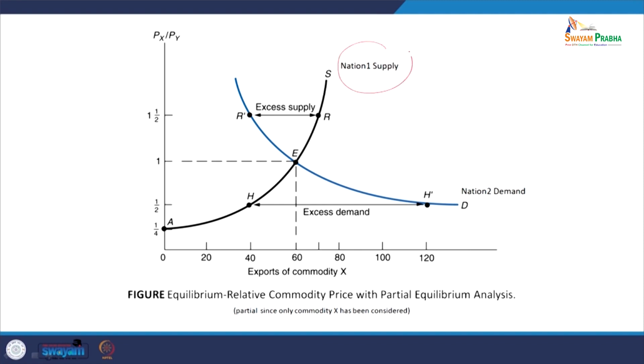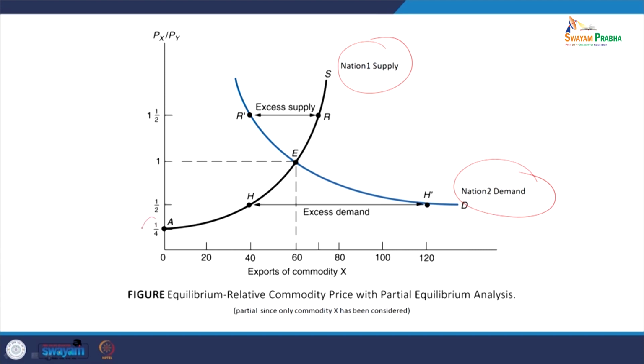Nation 1 we are considering here as the net supplier so far as commodity X is concerned, and nation 2 is the net demander. By the endowment argument we discussed earlier, nation 1 is more endowed with the X variety of products to be produced, so they are net exporters. The relative price in those countries for commodity X as compared to Y is cheaper.